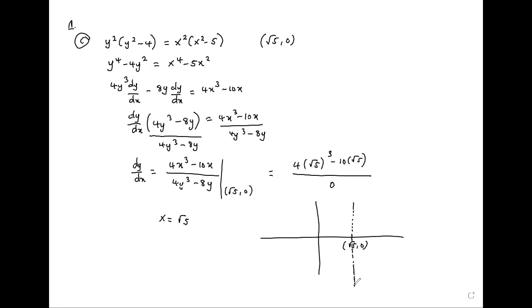This guy doesn't have a gradient. And then the one that has a 0 gradient is the line y is equal to 0. So this is the normal line, and this is the tangent line.